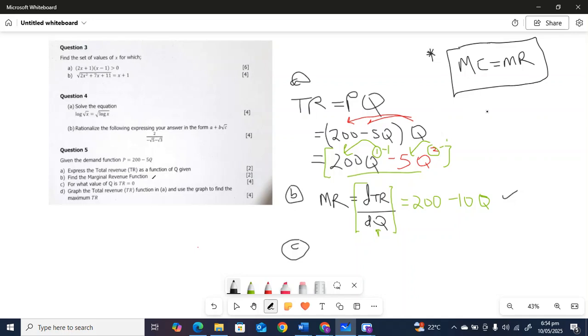Usually these questions are set up in this structure, colleagues. Just remember this formula: total revenue equals price times quantity. Total cost is the number of units times the cost per unit.